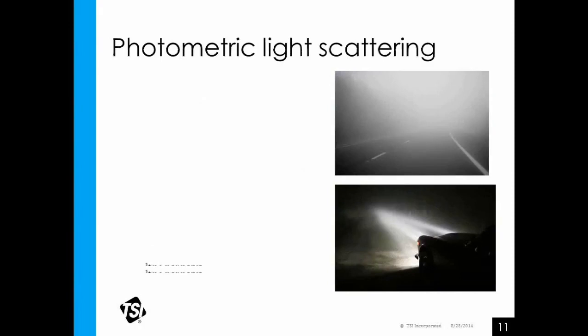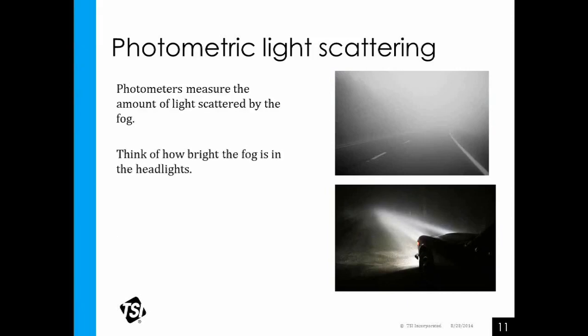So what the photometer does, photometric light scattering, is we're really looking at the fog. So this was explained to me and it made a little sense. I tried to explain it this way, that we're not looking at an individual particle, but we're looking at the light scattered by the group of particles, or the fog. So think of driving the car at night in a fog. When you turn the lights on, light scatters back at you, you see the bright fog in the headlights.